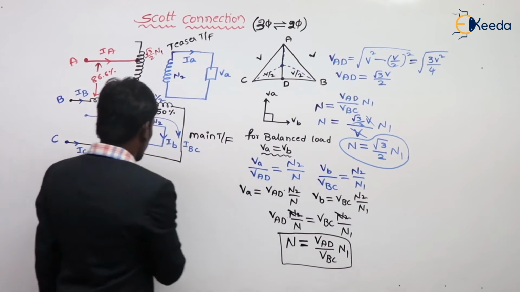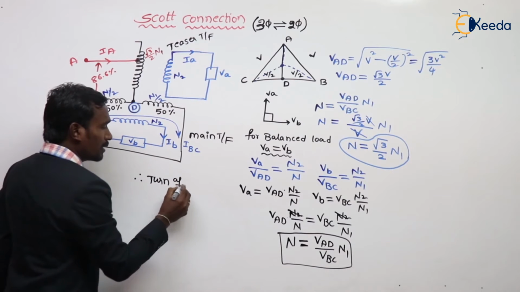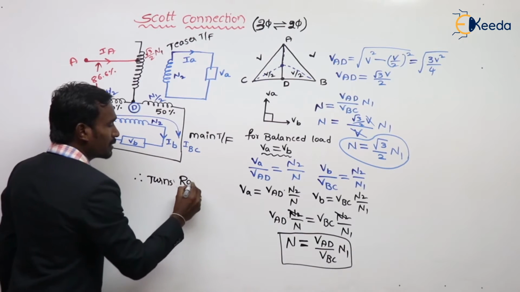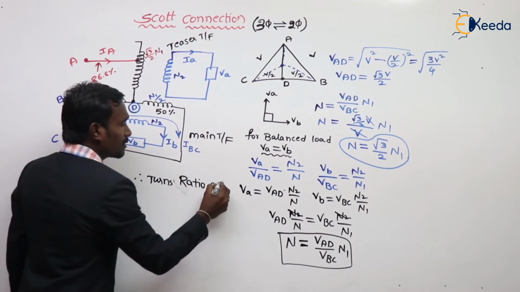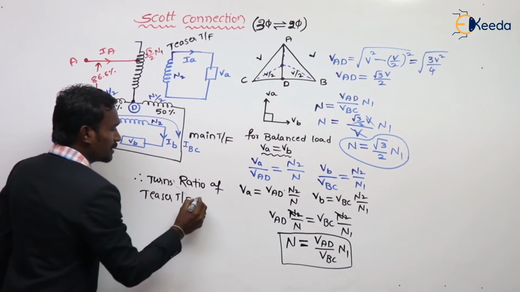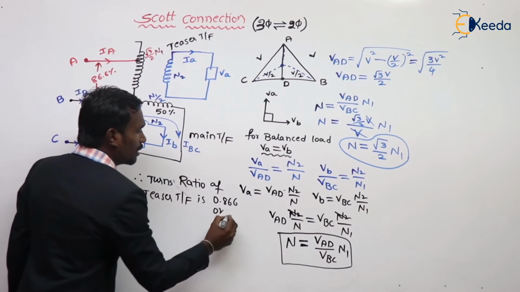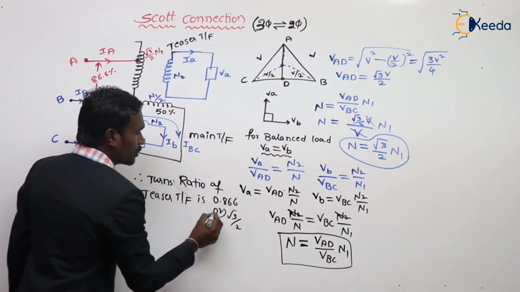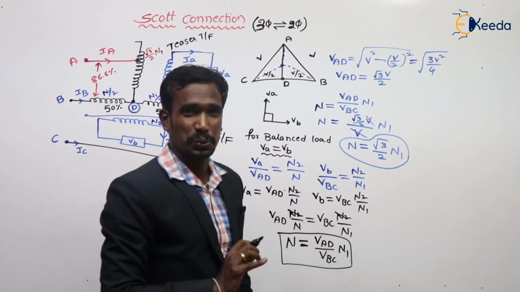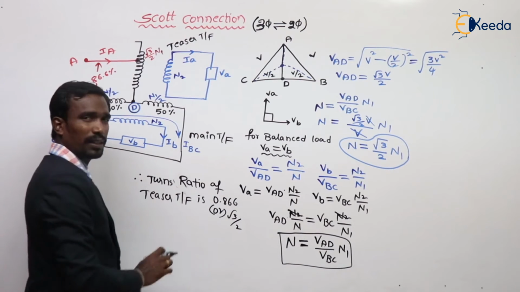Therefore, the turns ratio of teaser transformer is 0.866 or root 3 by 2.